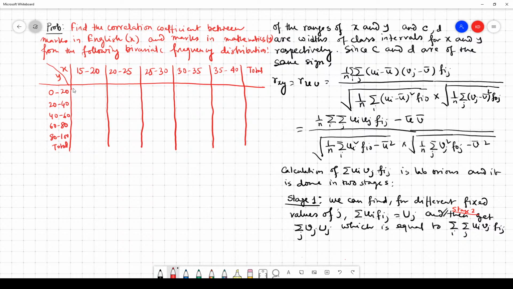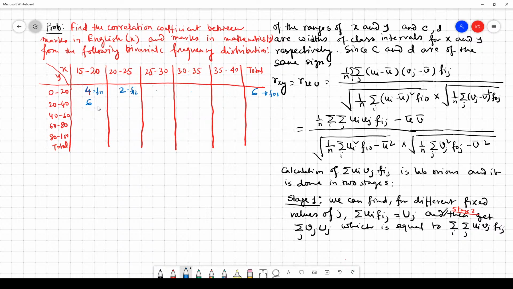So for this class, F11 is 4. It's better to write differently, that is 4. This is 0, this is 2, and these are the 0 frequency, okay? This represents F01, this is F11, this is F12, F13 is 0.